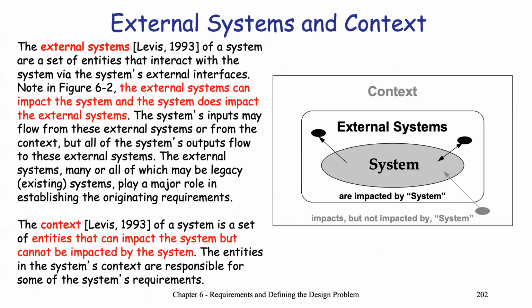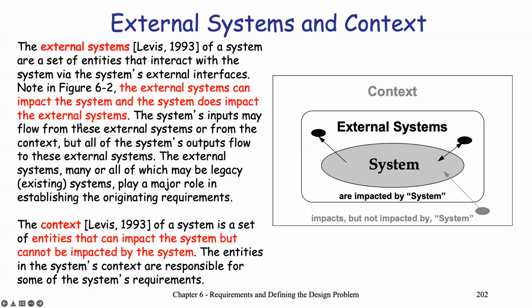So just some context, and we have used this diagram before, but we want to be thinking in terms of the context, both internal with the direct external systems, and also it's a larger context that it has to be flowing in. So the external systems, as we're showing in this figure, can impact the system and the system does not impact the external system.